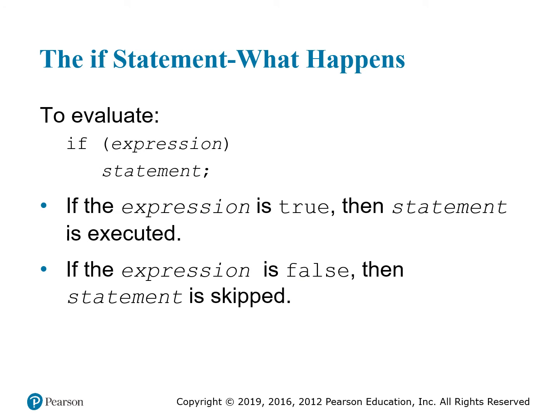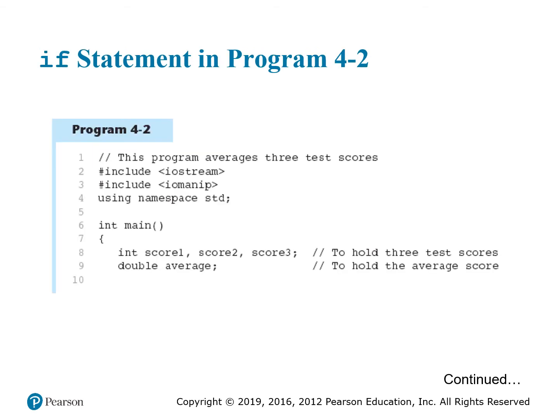If the expression is true, the statement is executed. If the expression is false, the statement is skipped. Note that you have to put these parentheses here in C++. Those are not there for convenience or for looking good. They are a necessary part of the if statement in C++.